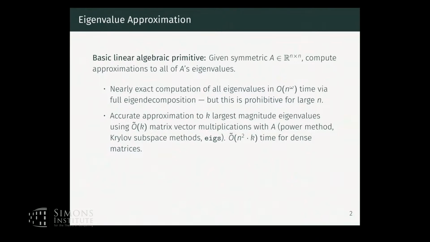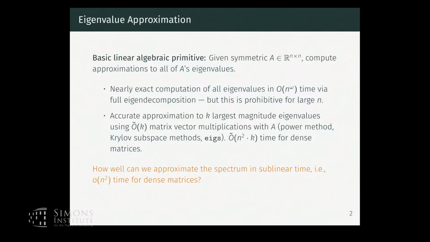So if A was a dense matrix, it would take roughly n squared times k time. In practice, these are the algorithms used to compute large-scale eigenvalue problems. If you wanted to compute eigenvalues of a large matrix in Python or really any language, they would use these methods.